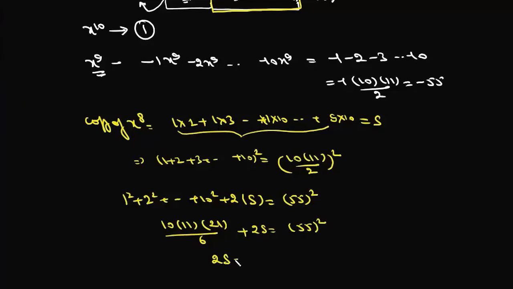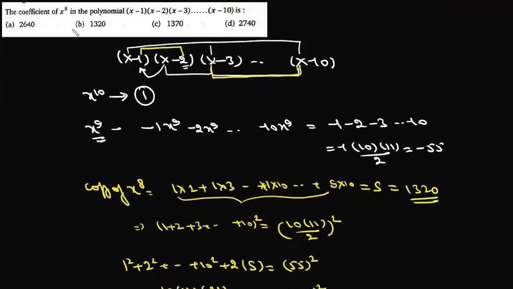So we get 2S is 2640, or the value of S is 1320. So the coefficient of x to the power 8 will be 1320, and that's your option B.